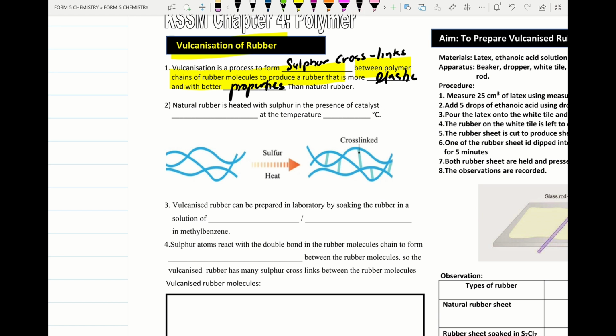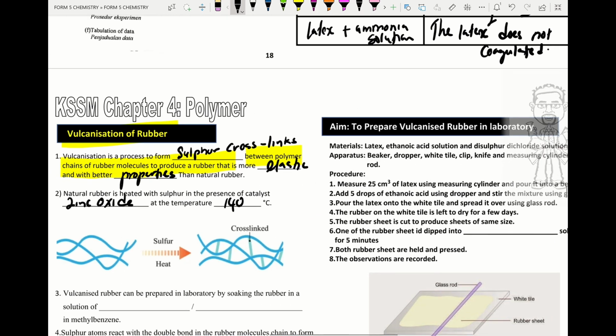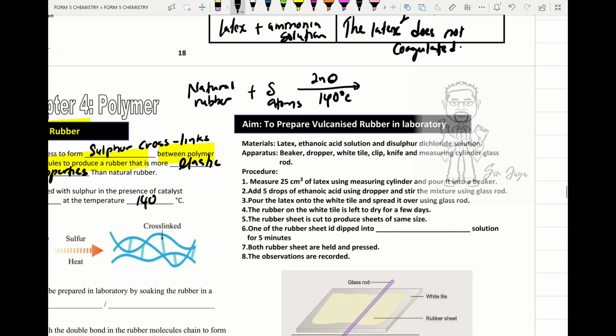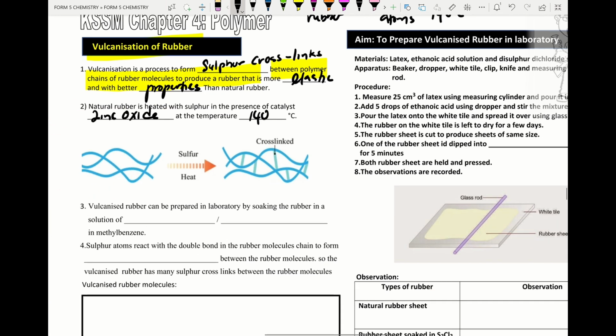The rubber is heated with sulfur in the presence of catalyst zinc oxide at a temperature of 140 degrees Celsius. So when we take natural rubber, or unvulcanized rubber, added with sulfur atoms in the presence of zinc oxide at a temperature of 140 degrees Celsius, we will get vulcanized rubber, and this process is known as vulcanization of rubber.